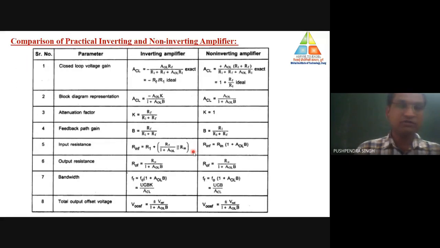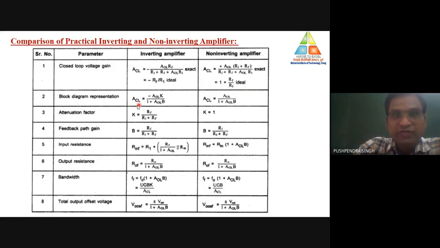So this is all about voltage shunt feedback and voltage series feedback, or we can say the inverting amplifier and non-inverting amplifier. This is a comparison table of the practical inverting and non-inverting amplifier. In the ideal condition, the closed loop gain of the inverting amplifier is minus RF by R1, and in case of non-inverting it is 1 plus RF by R1.